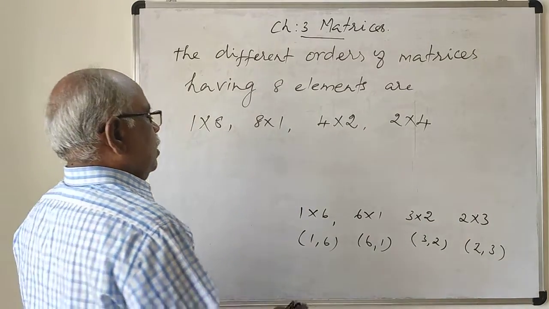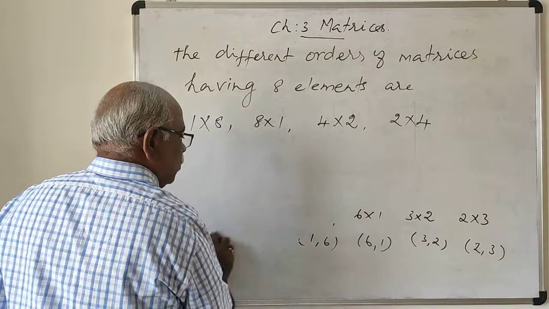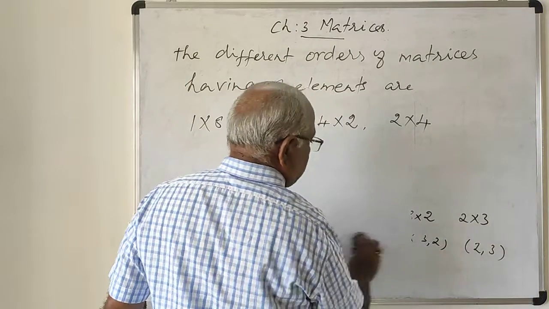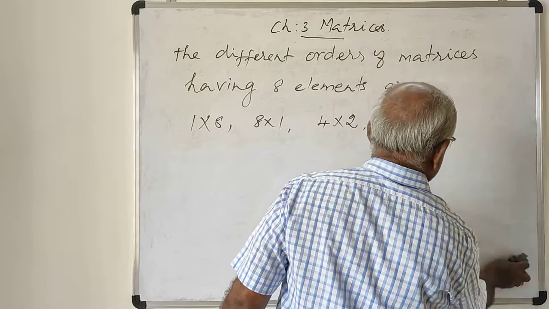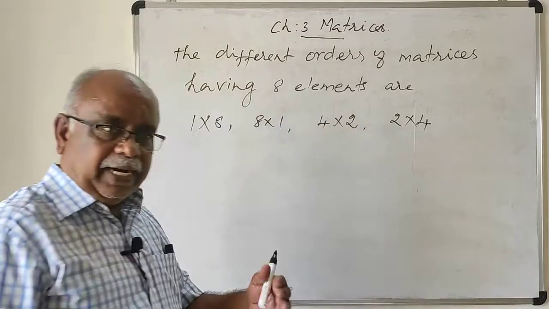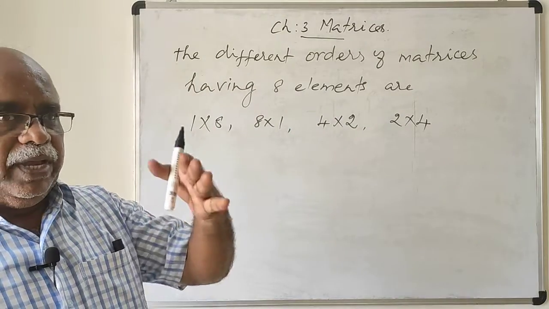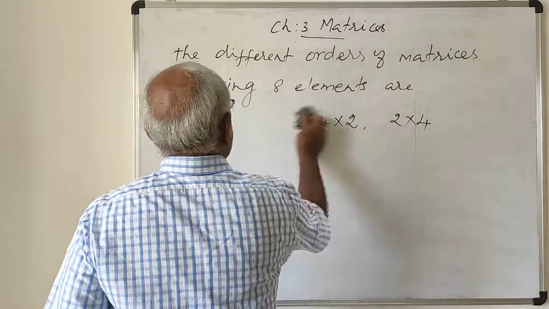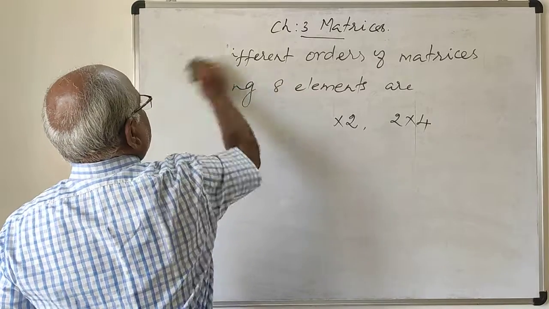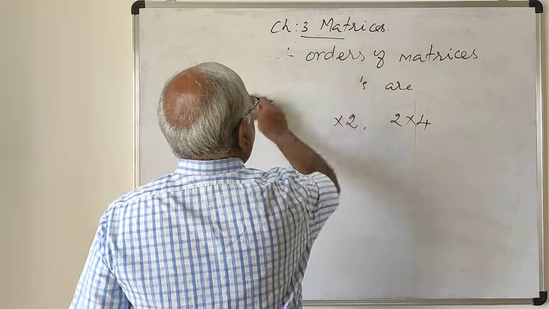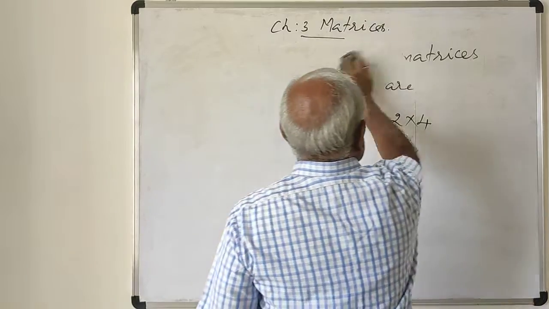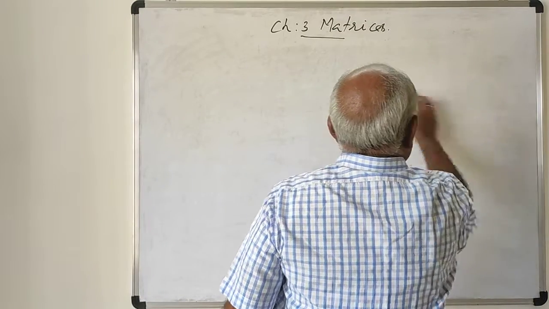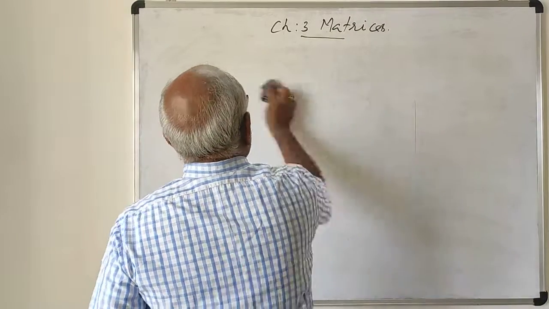And one more thing, one example I am going to give. Find out the elements of a matrix whose entries are given by a rule. For example, you have to find out the elements of a matrix and a certain rule is given.